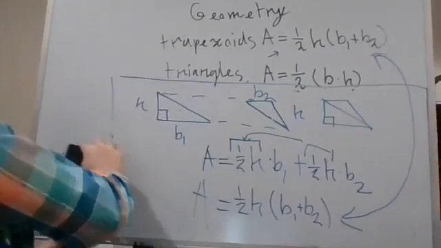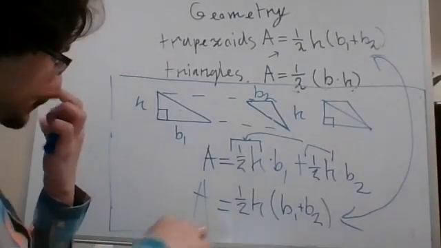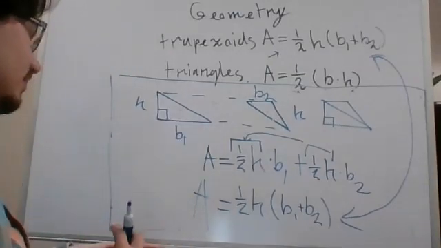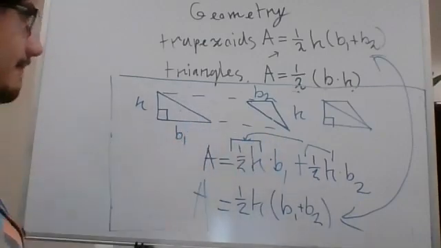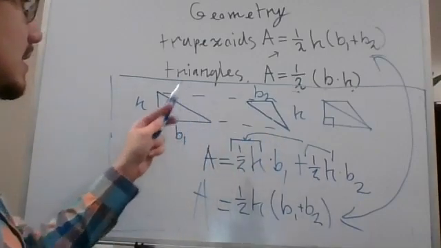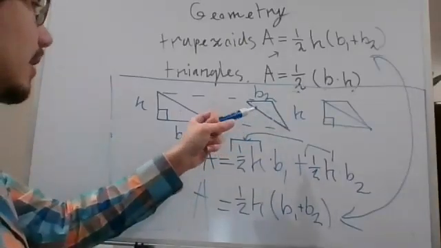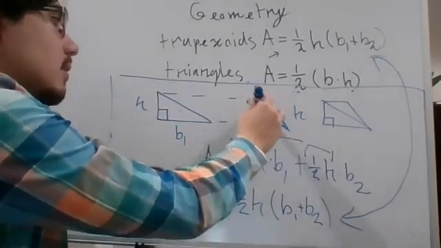Now, what happens if we have two triangles where, in this instance, we can write the triangle this way, so that it's upside down.